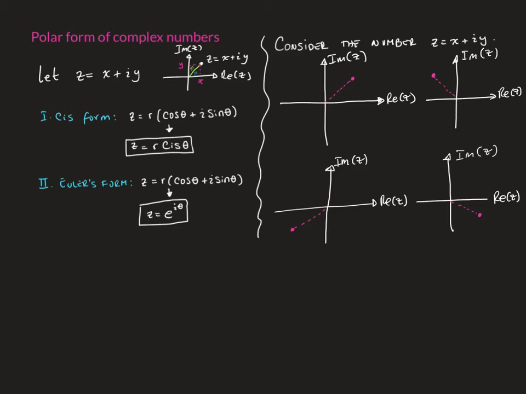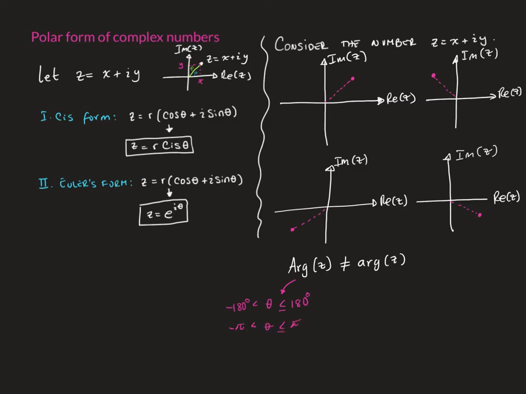We are going to denote the principal argument as the angle argument with a capital A of z. Please notice again that this is not going to be necessarily the same as the argument of z. So the principal argument, we said, is going to be defined for values of the angle between -180 degrees and 180 degrees, or between -pi and pi.